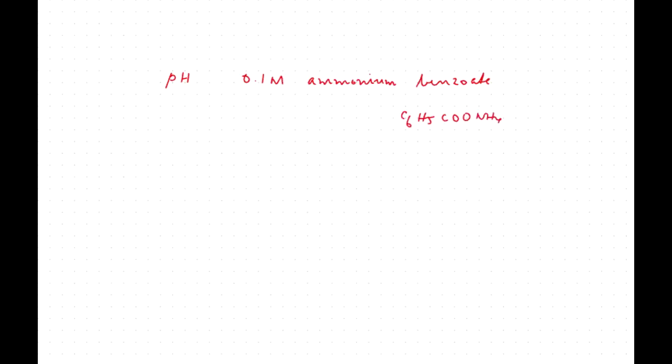At 298 Kelvin, the pKa value of benzoic acid, C6H5COOH, is 4.2, and that of ammonium hydroxide is 9.24.